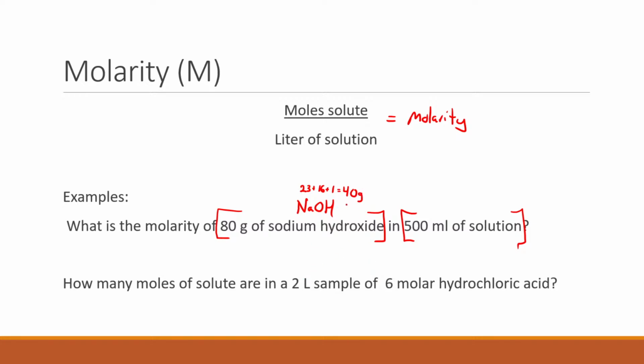Then I need to say if 40 grams is 1 mole, 80 grams is 2 moles. But I'm still not done yet. I still have 500 milliliters that I need to change to liters before I can plug in and solve for molarity.